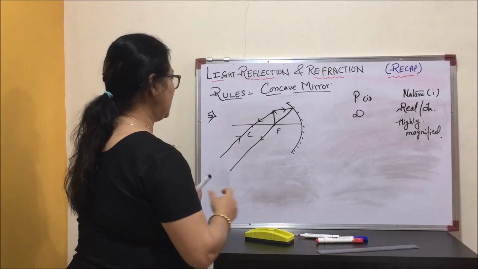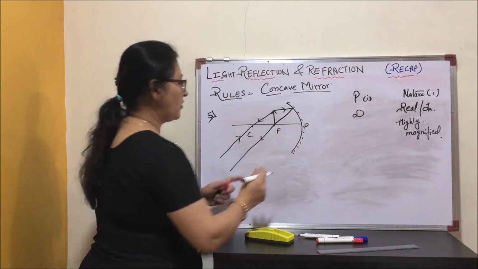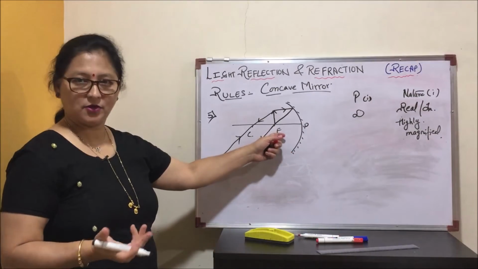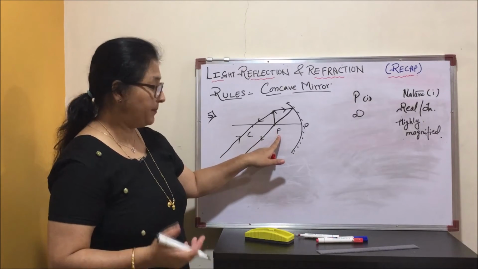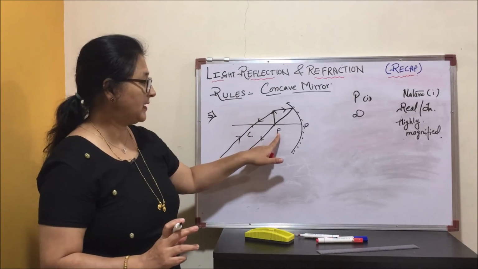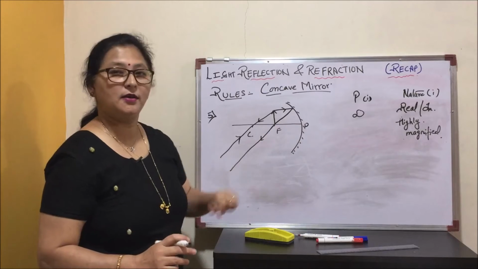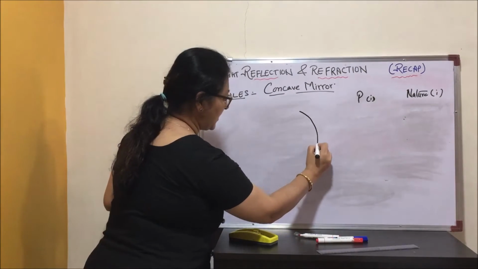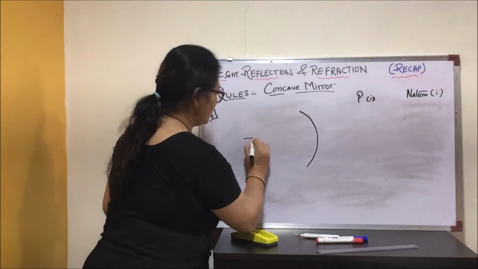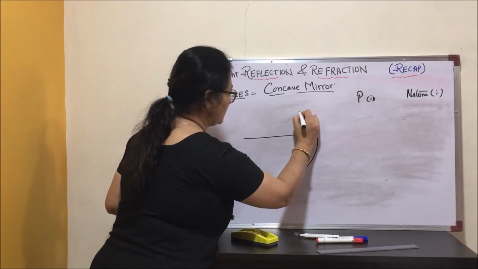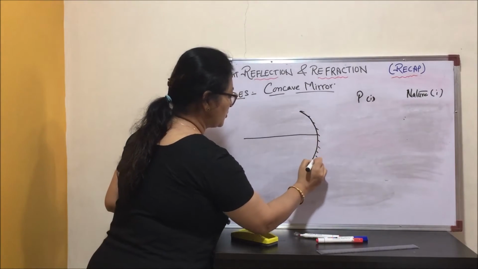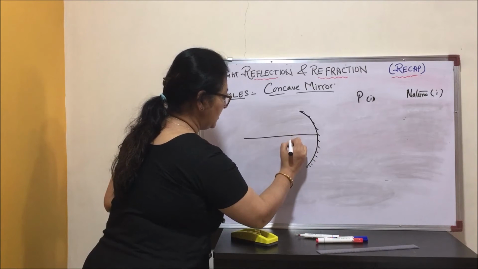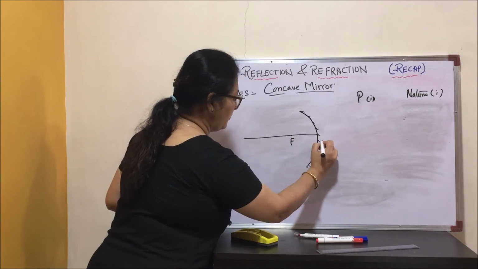The sixth one, in case now we have already placed the object at focus. Now in the sixth case we are going to place the object between focus and pole, right? So in the sixth ray diagram of concave mirror, we are going to place the object between focus and pole.